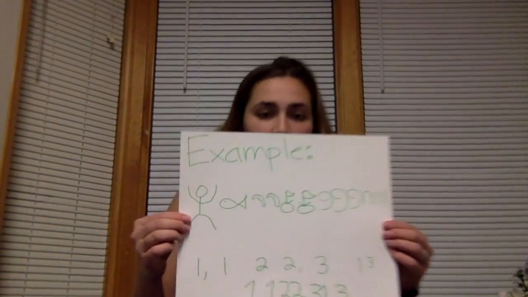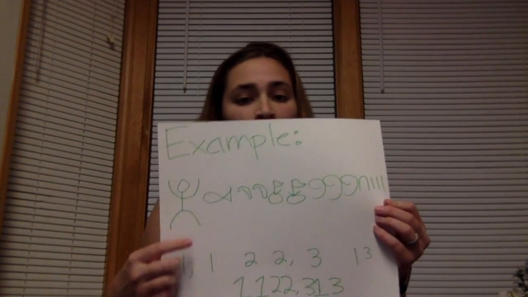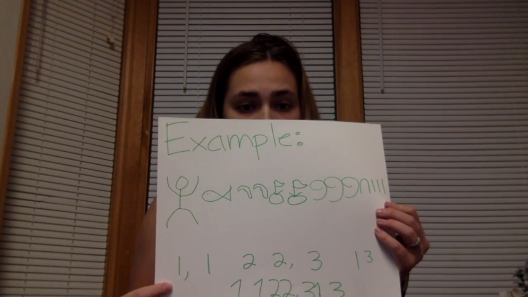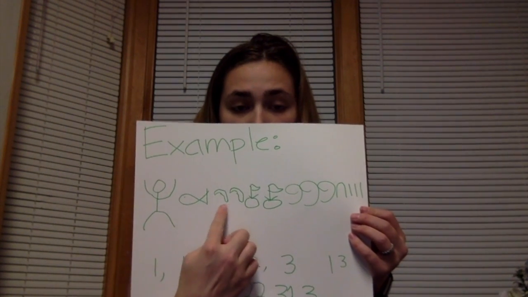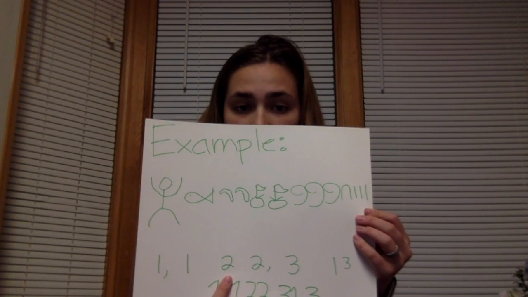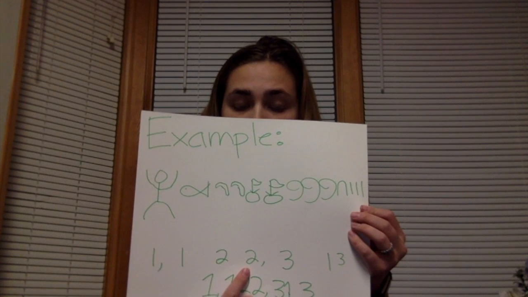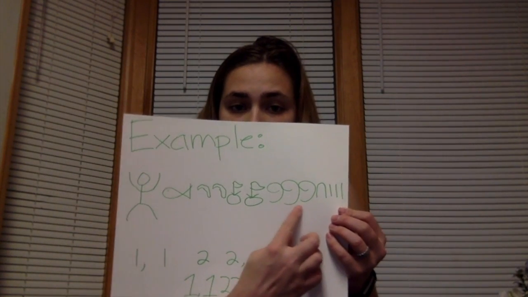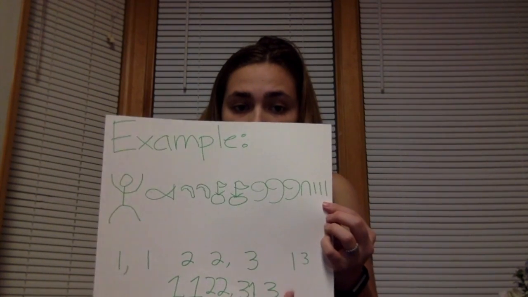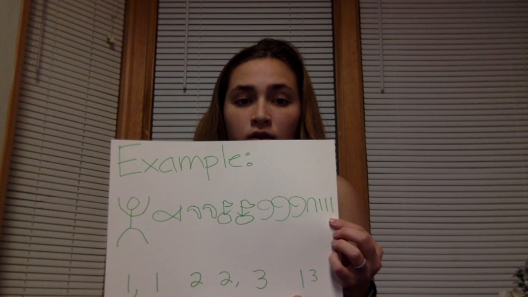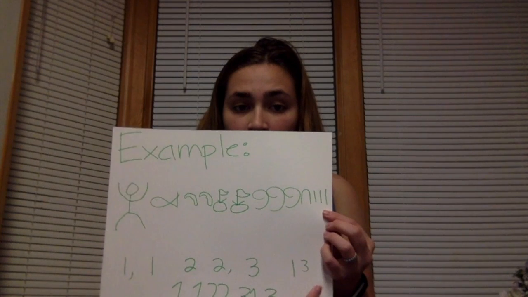So, an example of using the ancient Egyptian numeral system is here. Astonishing man, 1 million, tadpole, 100,000, 2 pointing fingers, 20,000, 2 lotus plants, 2,000, 3 scrolls, 300, 1 heel bone, 10, that's a 10, and 3 staffs, 3.